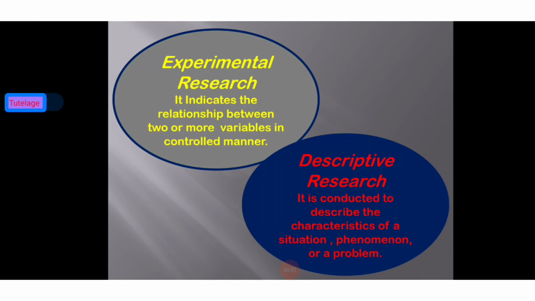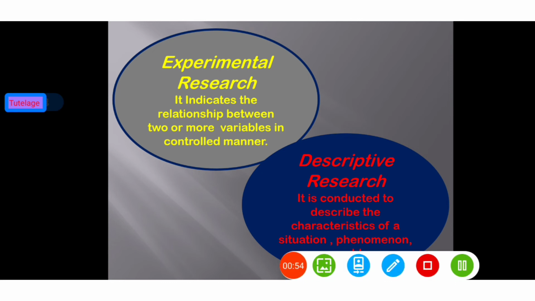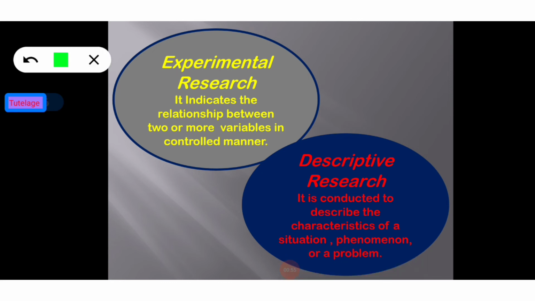So here we can see experimental research and descriptive research. So at first we have to know the experimental research. So experimental research basically indicates the relationship between two or more variables in controlled manner. So it indicates the relationship between dependent and independent variable. Okay, so experimental research is one of the most important scientific research designs.